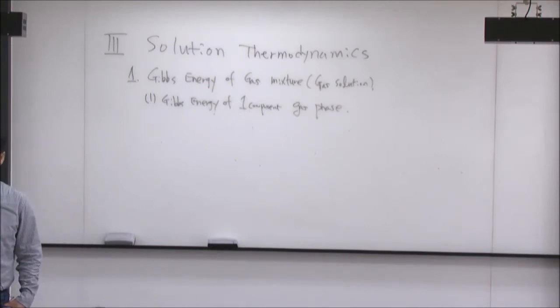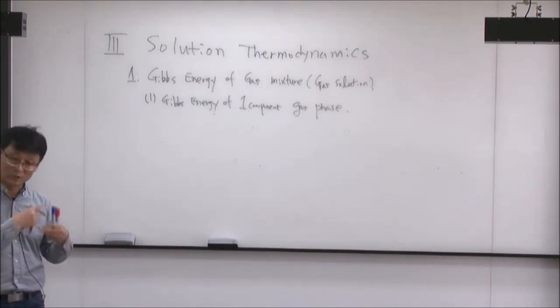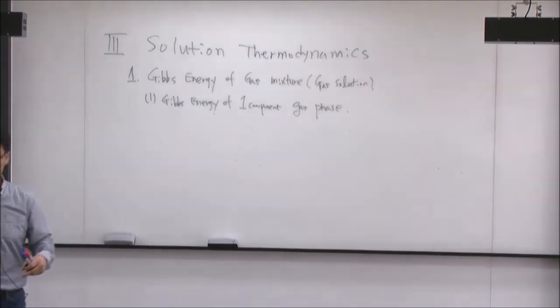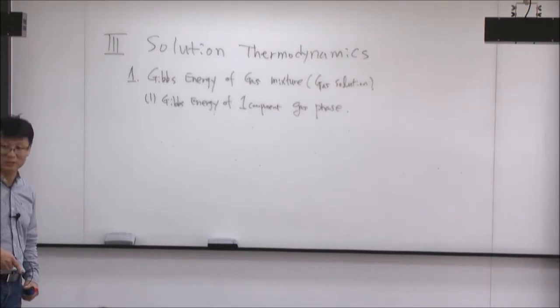How this Gibbs energy changes depending on the pressure is what's important. Why we're doing that is, once we know how the Gibbs energy changes with pressure, then when you mix two gas phases together, we know there is a partial pressure. So we want to connect that pressure with the partial pressure to derive the solution Gibbs energy directly.